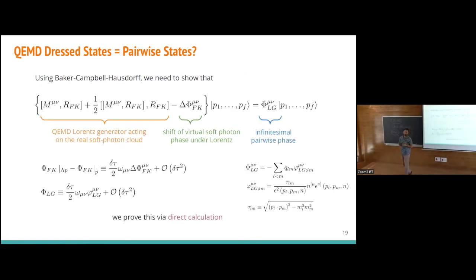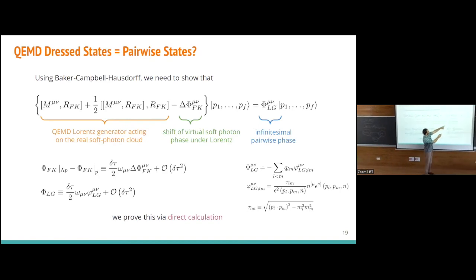We can do a little math and use the Baker-Campbell-Hausdorff formula and arrive at this. This will be one of the more complicated equations here. So basically we want to show that an infinitesimal pairwise little group phase is generated by two factors.